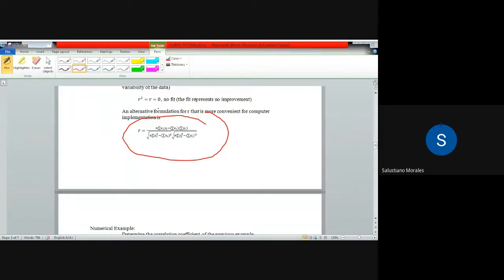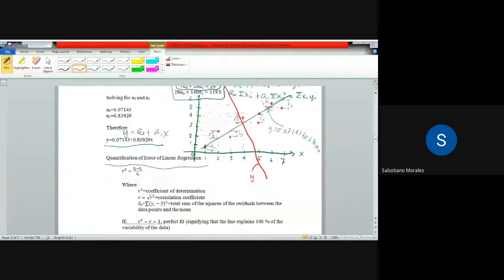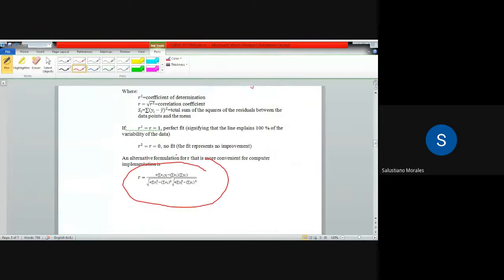We have the data for the summation of the product of xi and y sub i from our solution earlier. We also have the summation of xi and the summation of y sub i. The same goes for the others: the summation of xi squared, then the summation of xi, which we just square. Then the summation of y sub i squared, which is the only one missing, and the summation of y sub i, which we square.